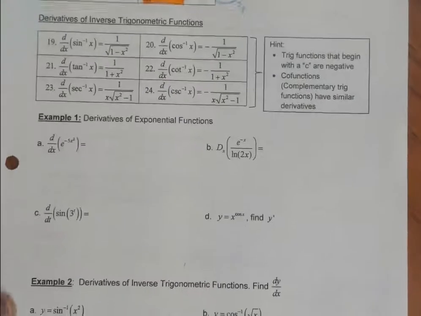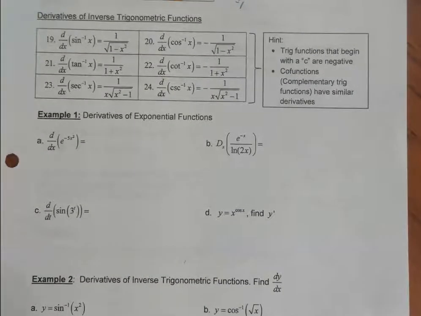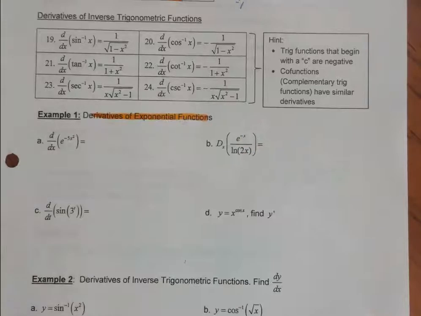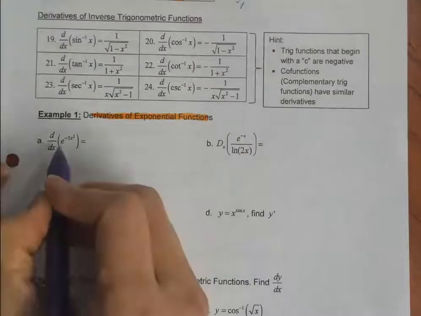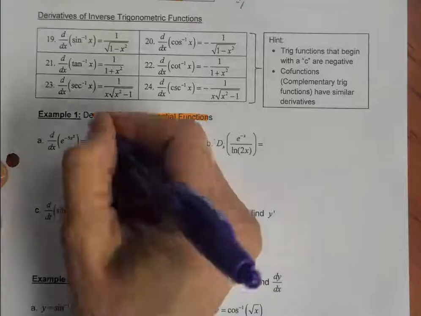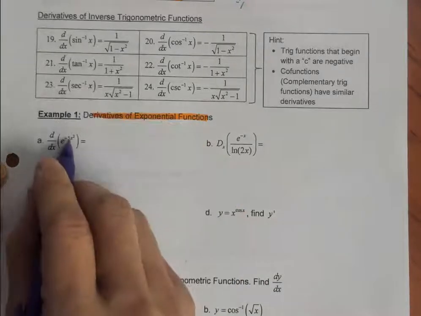Let's move down to example 1. We're looking at derivatives of exponential functions. Our first one is e raised to the power of negative 5x squared. Note that in an exponential, the power is always the inner function.